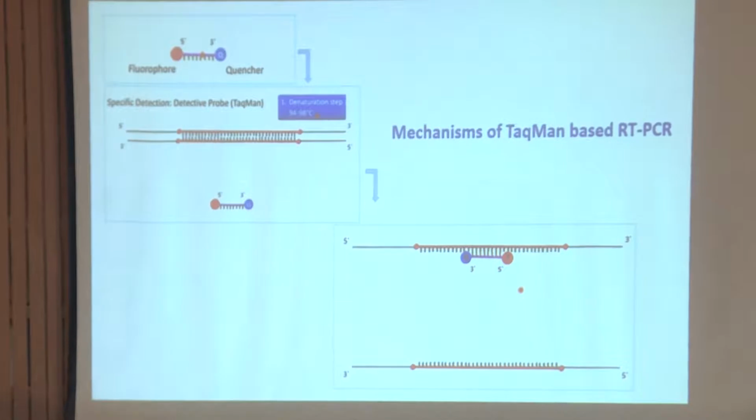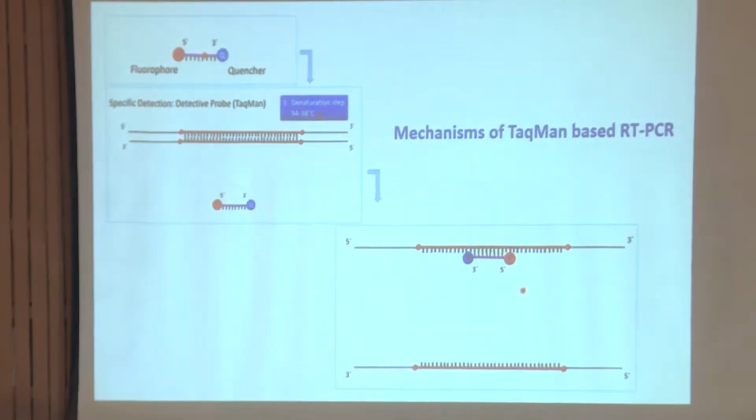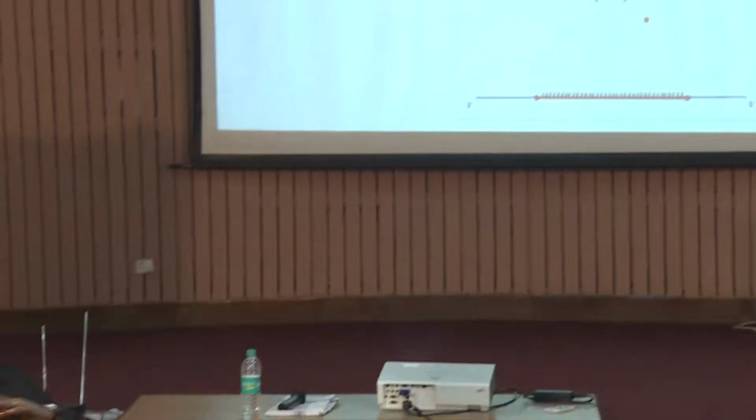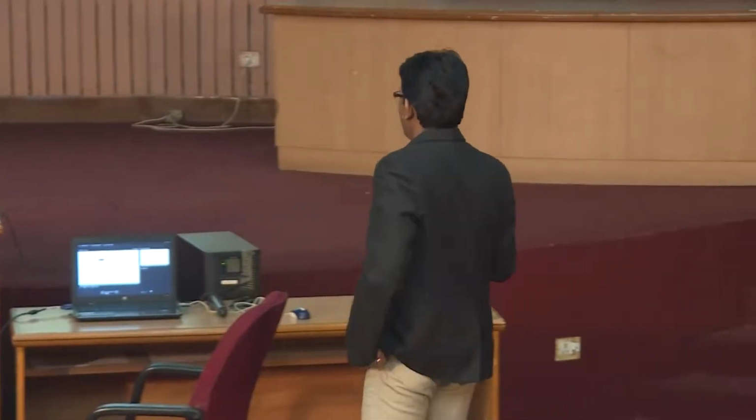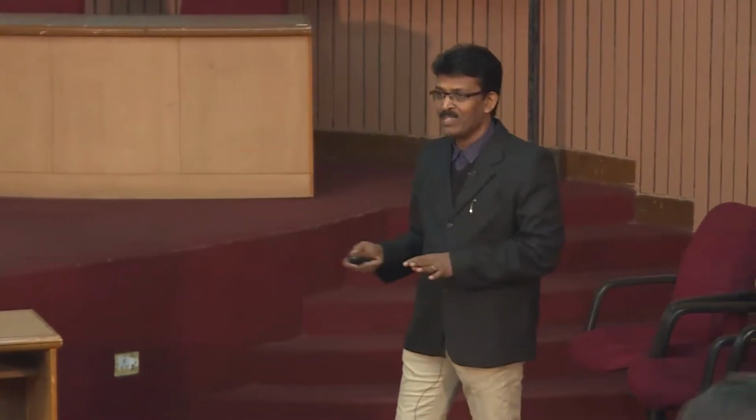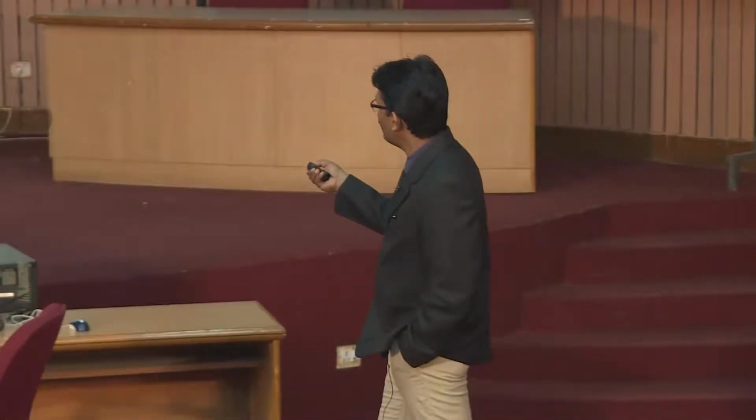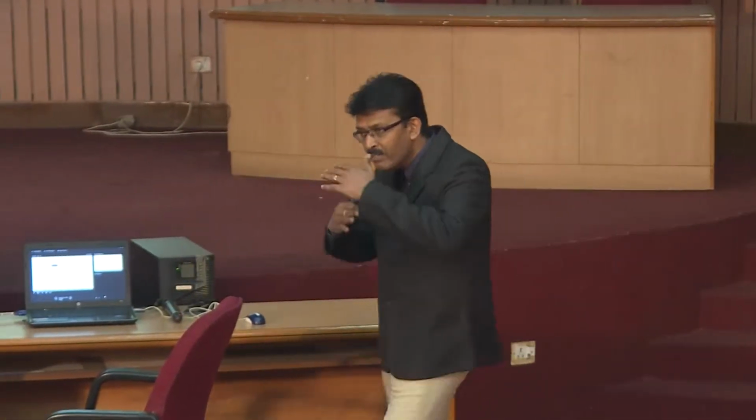All your primers and probes started moving towards the complementing region in the single stranded target. Okay. Now, what happened here? I am only showing the probe first. Okay. Now, the fluorophore and quencher found the complementary sequence in the single stranded DNA.